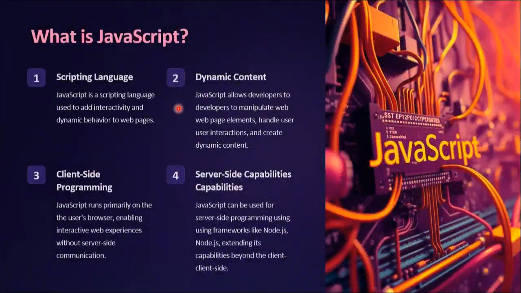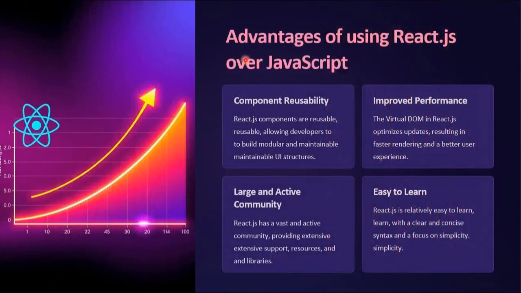In the other way, if we see what JavaScript is, JavaScript is a scripting language, it has dynamic content, it is client-side programming, and it has server-side capabilities of loading. So here is the advantage of React.js over JavaScript.